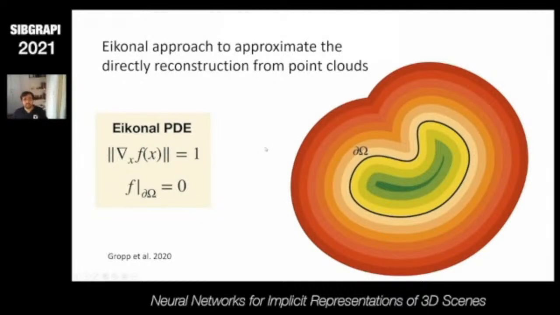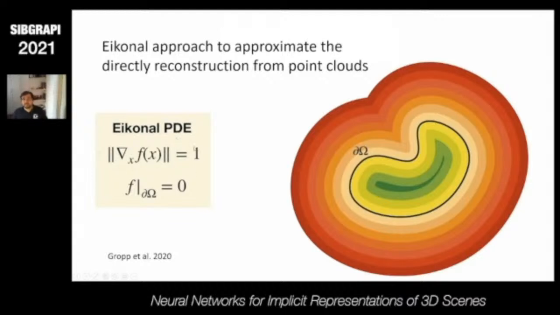So let me first explain this eikonal PDE. This is a nonlinear PDE, and the nonlinear part comes from the fact that it requires the norm of the gradient to be equal to 1 everywhere.